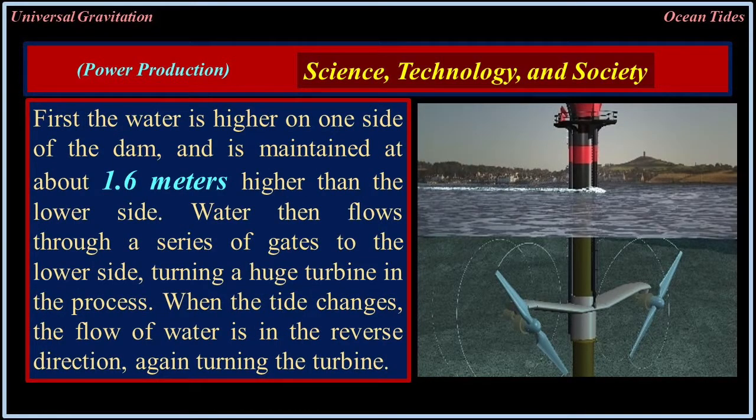First, the water is higher on one side of the dam and is maintained at about 1.6 meters higher than the lower side. Water then flows through a series of gates to the lower side, turning a huge turbine in the process. When the tide changes, the flow of water is in the reverse direction, again turning the turbine.